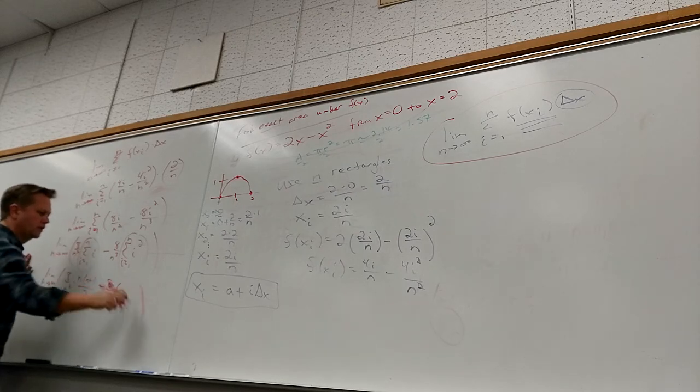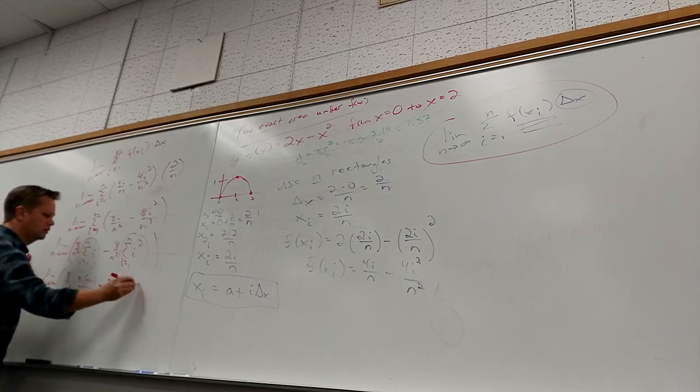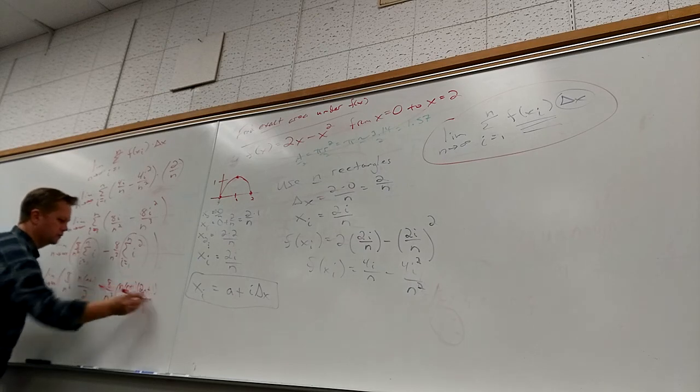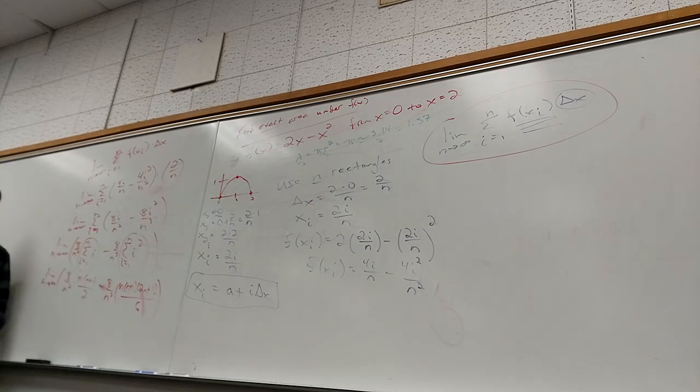Need more room than that. n times n plus 1 times 2n plus 1, of course, divided by 6, of course. Not of course. What's the limit as n goes to infinity of this? You should be able to look at that and just know. What's the degree of the top going to be? n squared. So that limit should be 1.